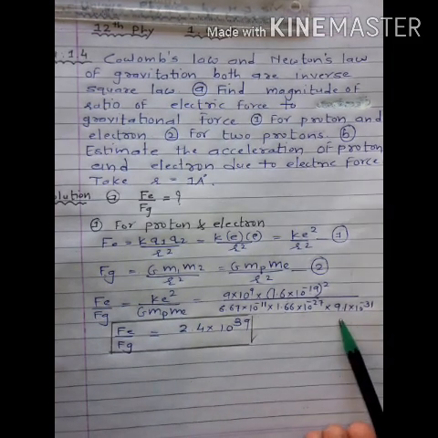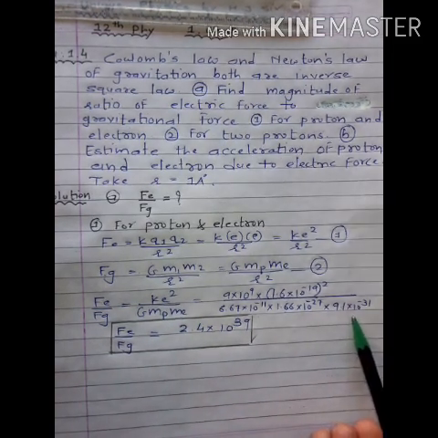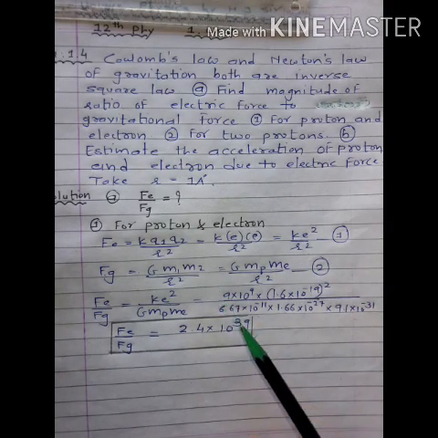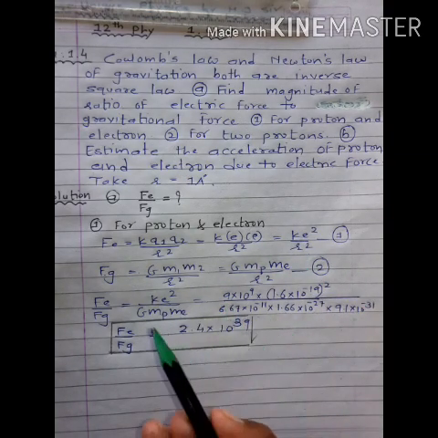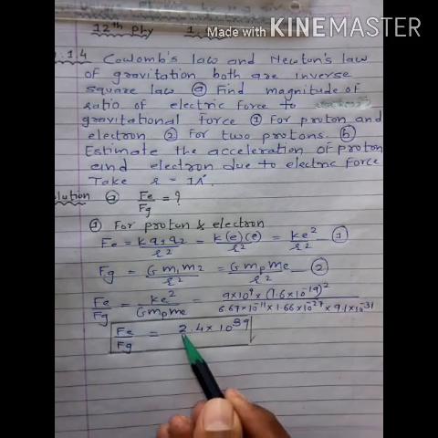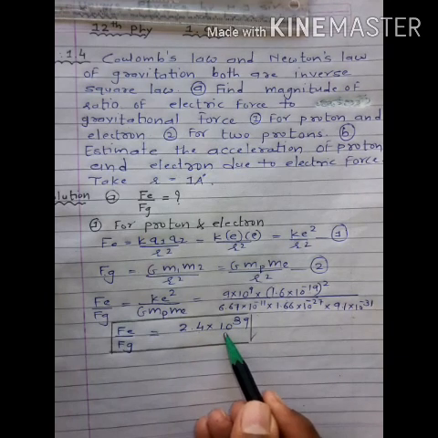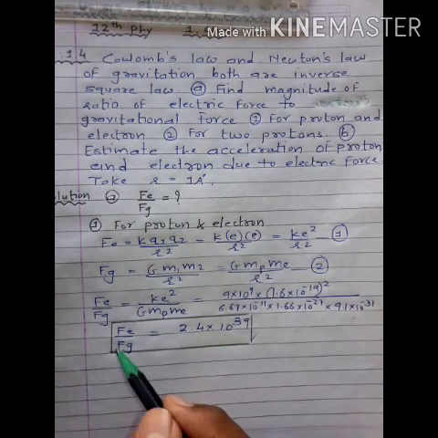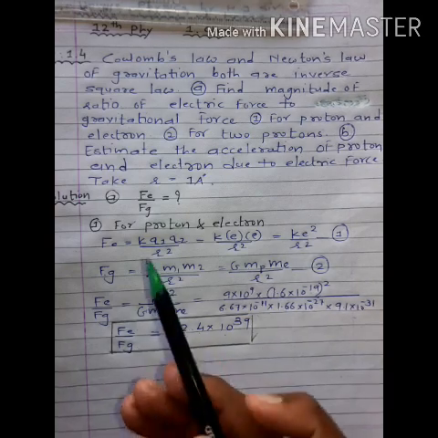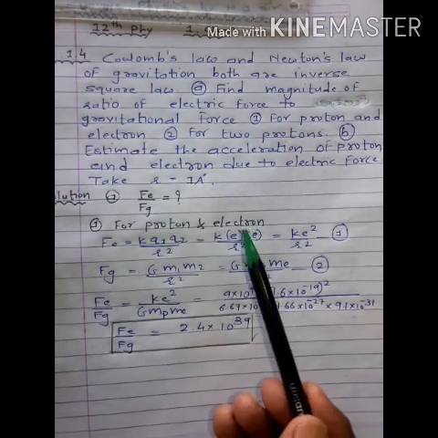And the mass of the electron is 9.1 into 10 raised to minus 31 kilogram. If we solve this equation, then we find that Fe upon Fg is equal to 2.4 into 10 raised to 39. So this is the ratio of electric force to gravitational force for a proton and an electron.